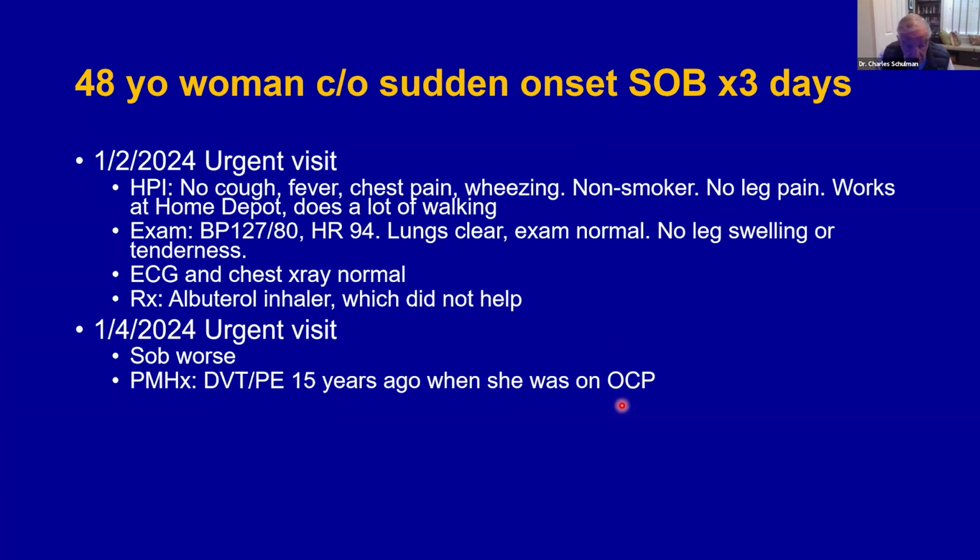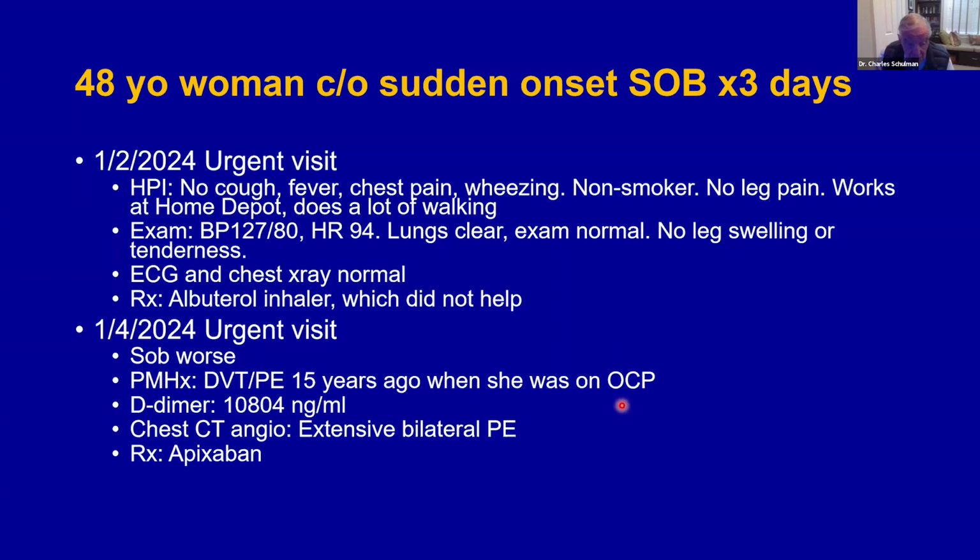And so we did a D-dimer, which was very positive. A chest CT angiogram showed extensive bilateral pulmonary emboli, and she was treated with apixaban and did very well.